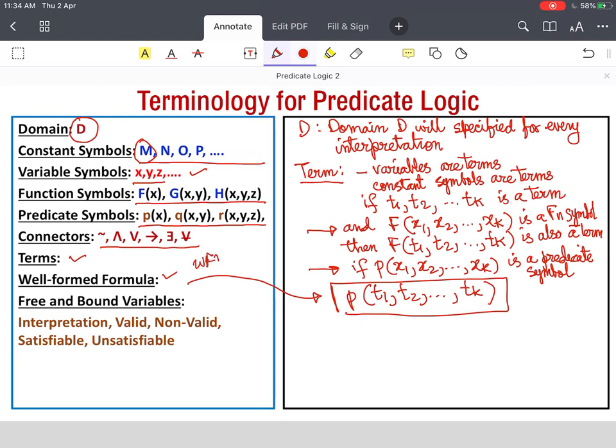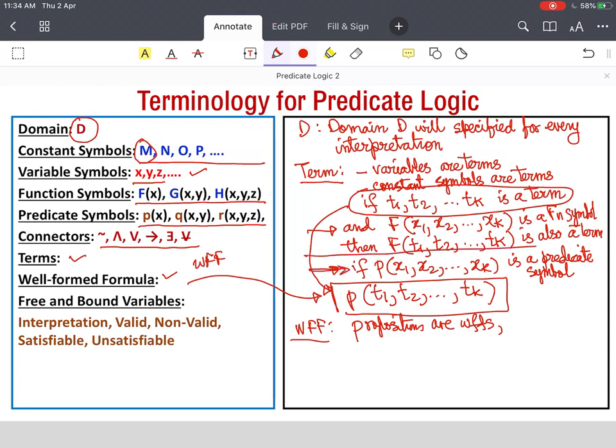So we come to what is called a well-formed formula or a WFF, and we say that propositions are WFFs, and we say the same thing here. If T1 to Tk are terms and P is a predicate symbol, then this is also a well-formed formula.